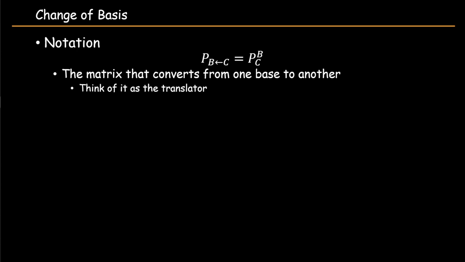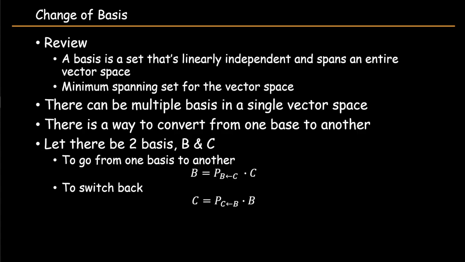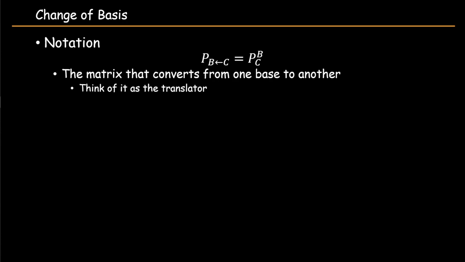You can think of it as a translator. Going back to the previous example, you have basis C, and it talks to the translator that goes from C to B to give you B. Vice versa, if B wants to reply back, it goes to another translator, from B to C, so C can get the message. So that's one way you can think about it.